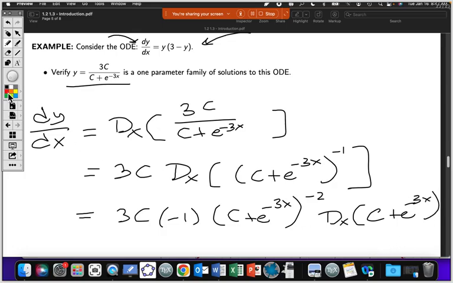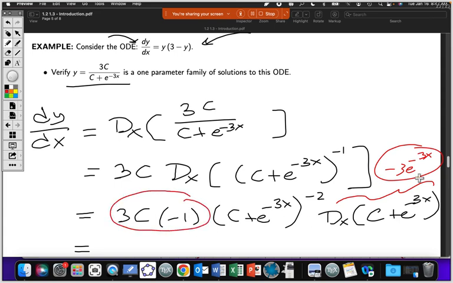And folks, what's the derivative of c plus e to the minus 3x with respect to x? Yeah, good. Minus 3 e to the minus 3x. So if I'm going to have this multiplying all of this stuff, I've got a minus 3 times a 3.